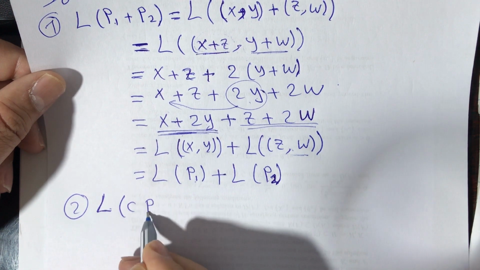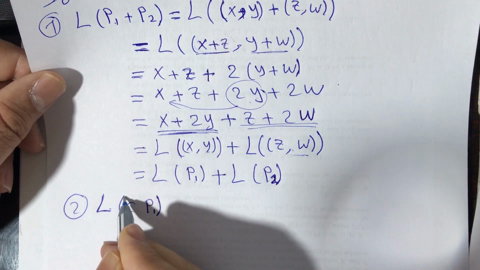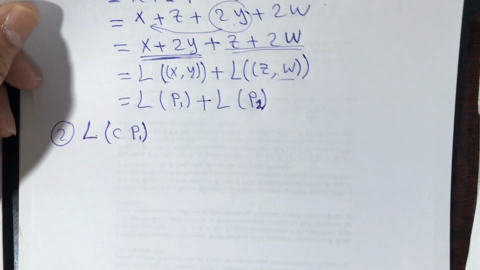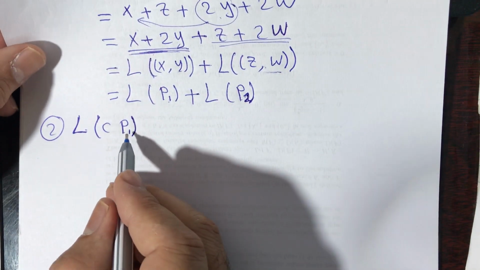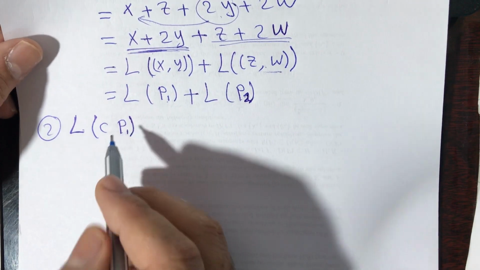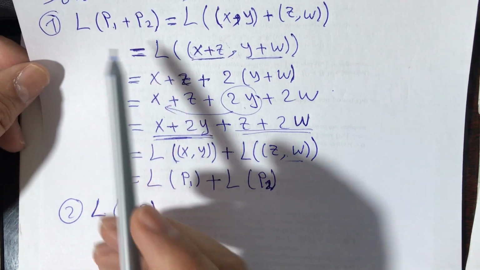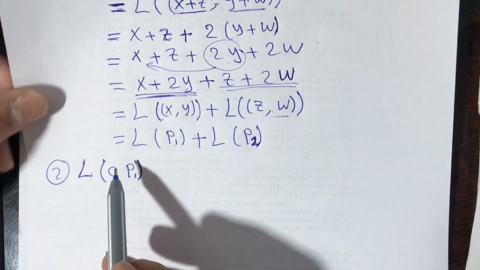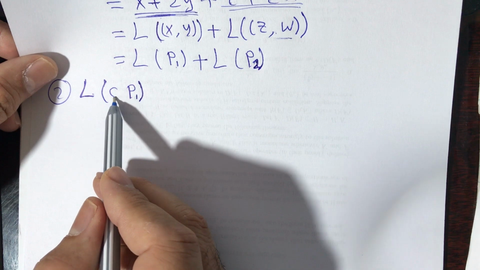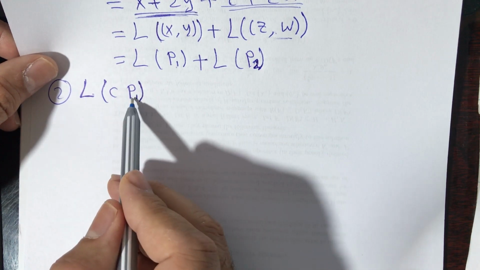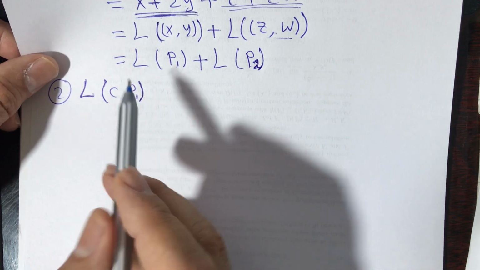L of C P1. We take P1. In the second condition we need just one point, we don't need two points. In the first condition we need two points. In the second condition we need C in R and P1 in R2.